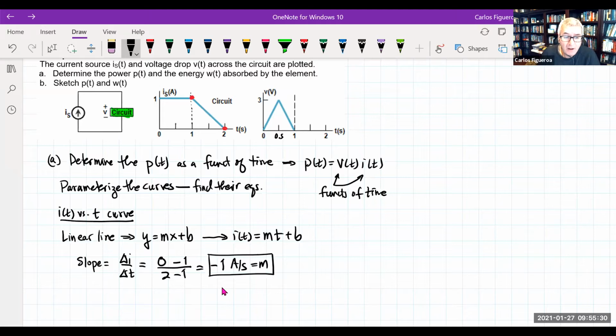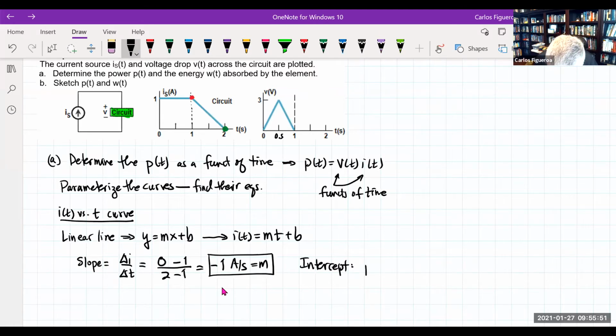Now, but that's only part of the equation. I have to get the intercept. When I look at the intercept, what I do here is I pick one point on the line. And I would say that the easiest point to pick on the line is the one at 2 seconds.